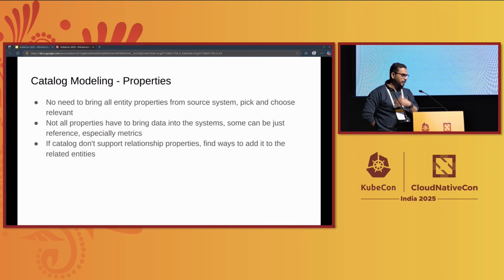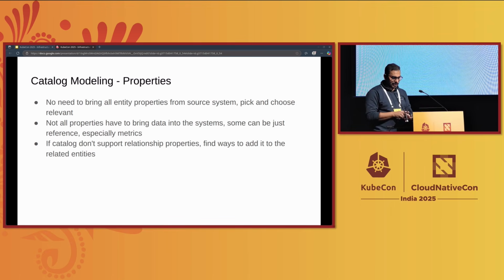So you have to make that choice again, what you want to do with your system, all right? And again, not all properties have to bring data into the system. For example, you have an SLO dashboard or API specs that is something stored somewhere else in the system. You could just refer to it as a URL or something else. And when your IDP works on your catalog, you can actually show this as an embedded iframe or something, as a visual tool, or as a URL.